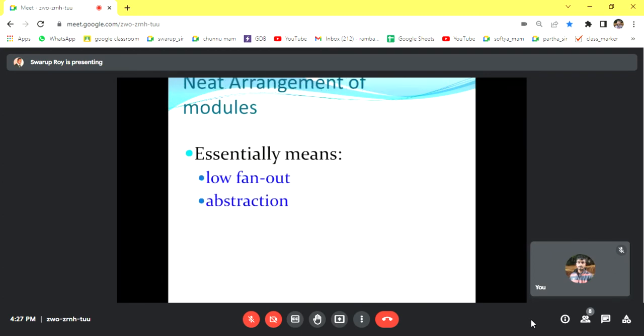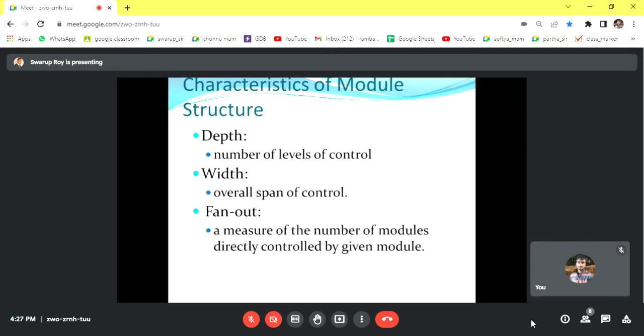For any module structure, there are a few things that people normally consider. One is depth, because it's a tree structure, and a tree has depth, width, and so on.